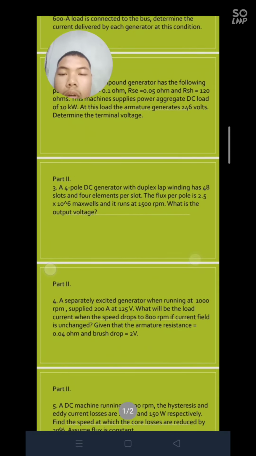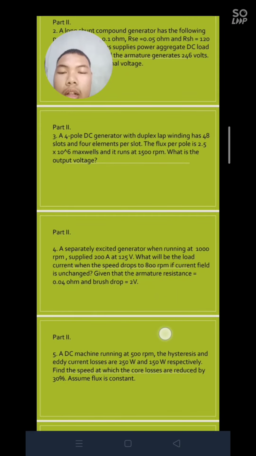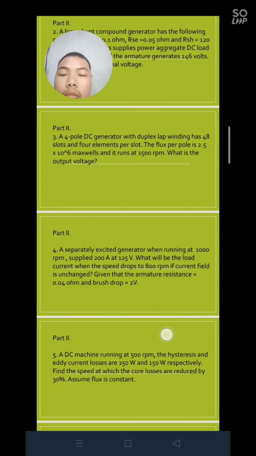So let's go to problem number 4. A separately excited generator when running at 1000 RPM supplied 200 ampere at 125 volts. What will be the load current when the speed drops to 800 RPM if the field current is unchanged?